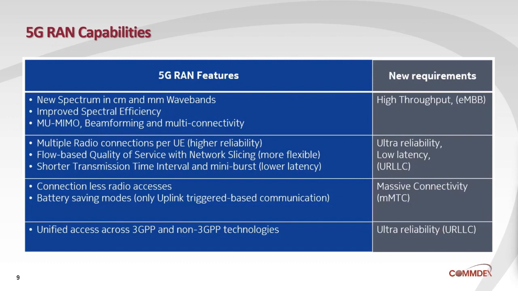Furthermore, low latency is achieved with proper network design that leverages 5G flow-based QoS model and slicing. 5G allows massive connectivity of mobile devices and things by improving battery-saving techniques. 5G can also guarantee reliability by having a unified access that supports end-to-end NAS signaling, not only for 3GPP access but also for non-3GPP access networks.